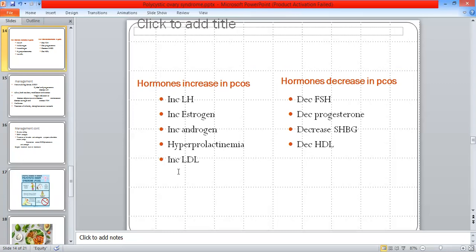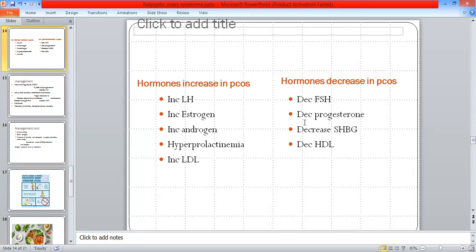And LDL cholesterol, which is called bad cholesterol, is also increased in patients with polycystic ovary syndrome. So the patients with polycystic ovary syndrome are almost always obese. The hormones which are decreased in polycystic ovary syndrome are follicle stimulating hormone and progesterone.